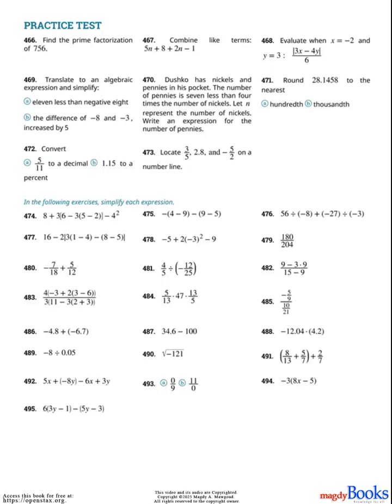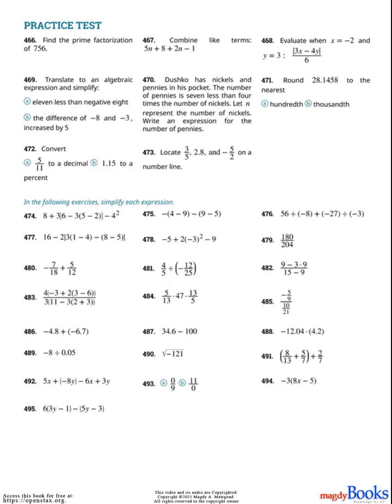Negative 7/18 + 5/12. 481. 4/5 divided by (negative 12/25). 482. (9 minus 3 times 9) all divided by (15 minus 9).